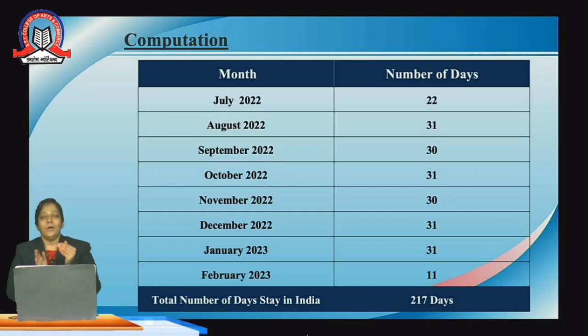August, September, October, November, December and January, he was in India for all the days. And in February, he left India on 11th of February, so he was in India for 11 days. So by totaling all these values, we get 217 days.